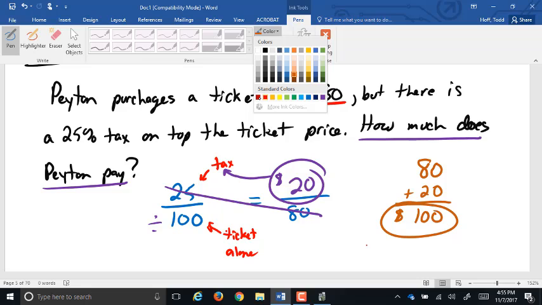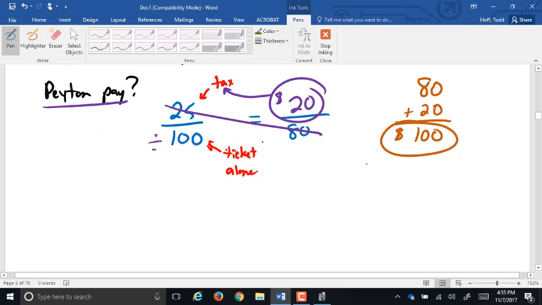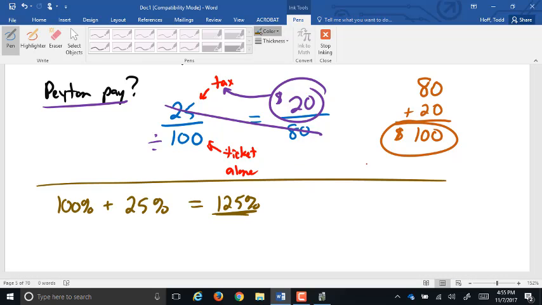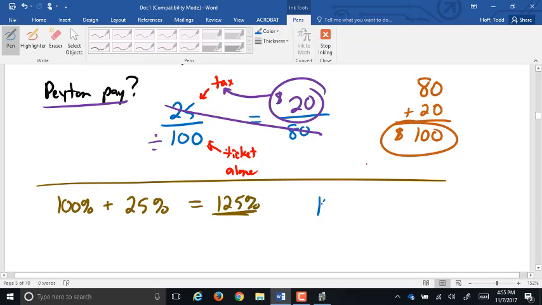Well, similar to the complement, when we have a percent increase, there's a shortcut we can take. We can do 100%. Instead of subtracting the percent, we would add it. 100% plus 25% is 125%. So what is paid after the tax is 125% of the ticket price.